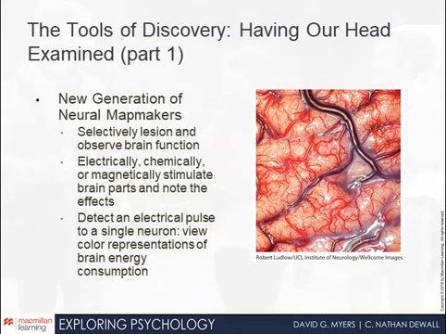Oftentimes, in the early parts of psychology and the discovery of what the brain actually does, they were able to discover certain brain functions in certain areas of the brain because people behaved oddly. And when they behave oddly, maybe they could not speak a certain way, or they had some issue pronouncing things, and they thought maybe there was some issue with them mentally.